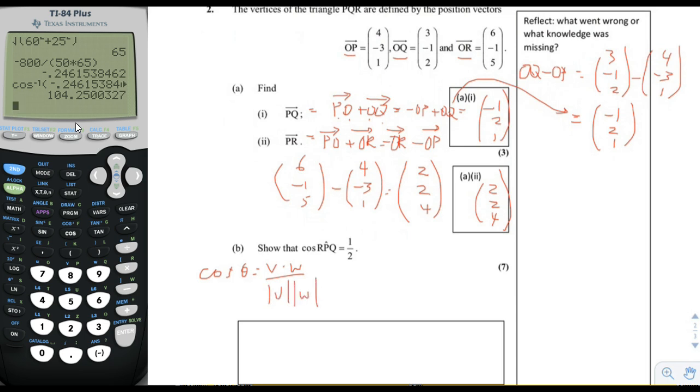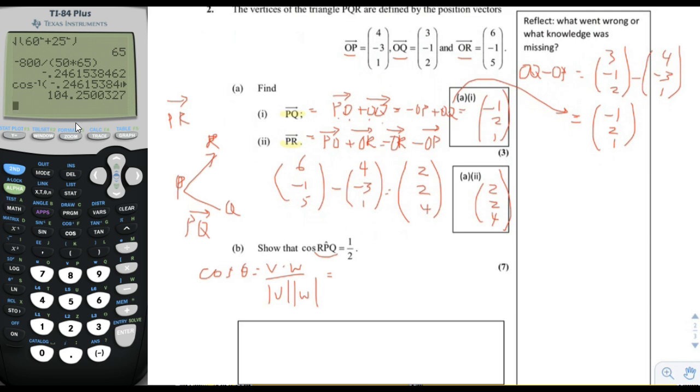We just need to figure out which vectors we're looking for here. Since the angle is RPQ, the two vectors we're trying to find the angle between would be PR and PQ. Do we have those? Yeah, we just found them right here. They led us straight to it.